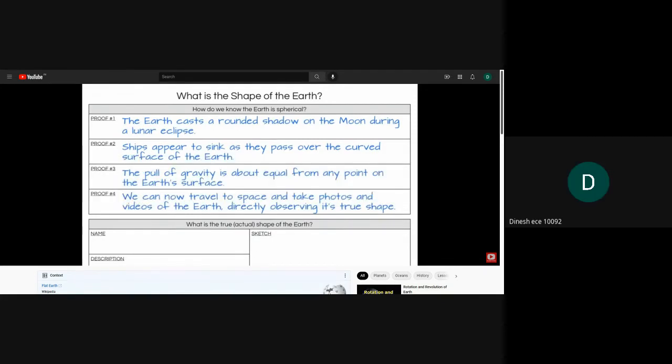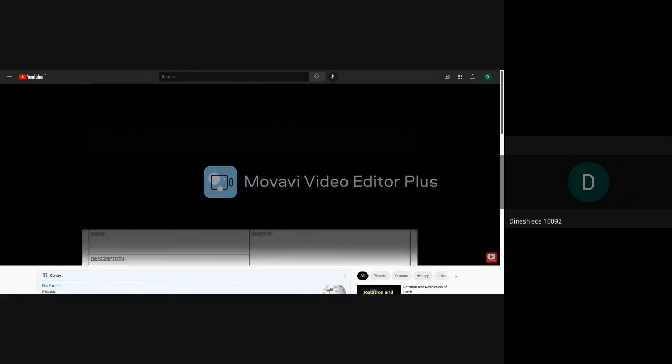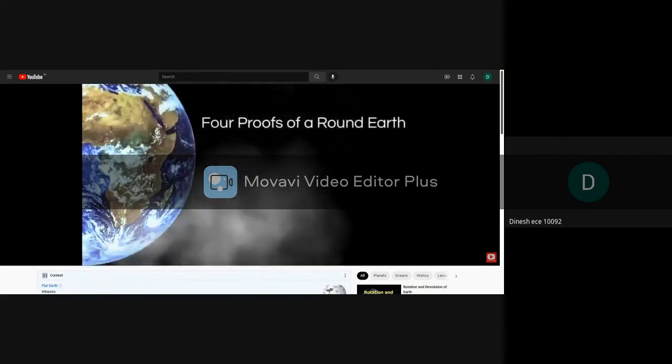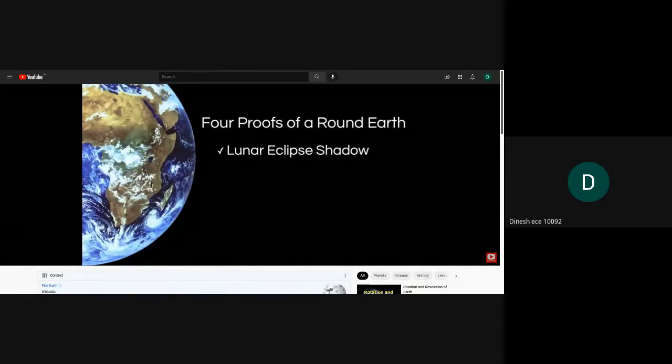And so those are our four major pieces of evidence supporting a round Earth. Now, of course, I could go on and on. We actually have dozens of proofs, but these are the four that we're going to focus on in our class. Just a quick review. The four proofs for a round Earth include the shadow during a lunar eclipse is round, so the Earth must be round.